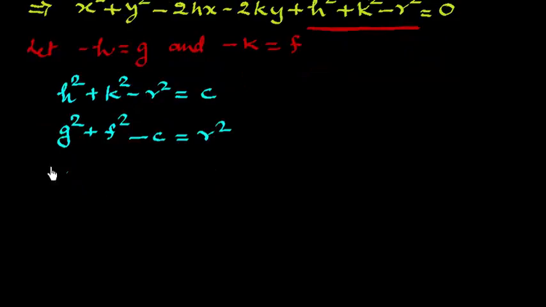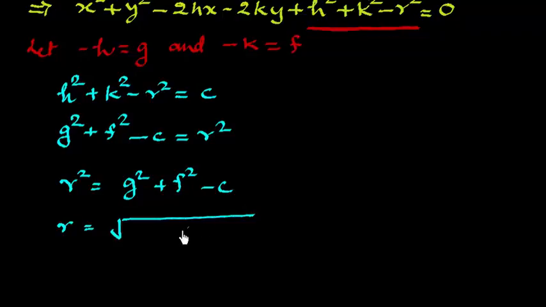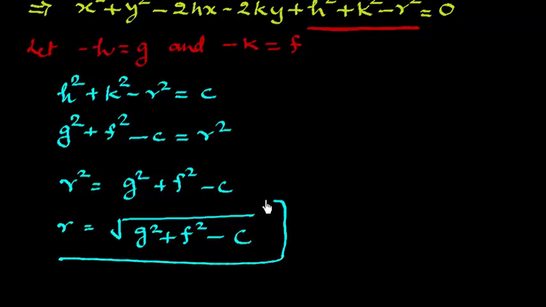If we simplify, we can write r square is equal to g square plus f square minus c. But if we have to find the value of the radius, then r is equal to the square root of g square plus f square minus c. So in this way we can easily find the value of r if the equation is given to us in this form.